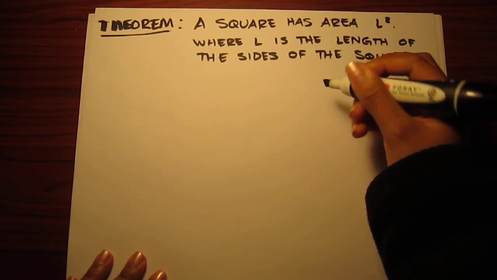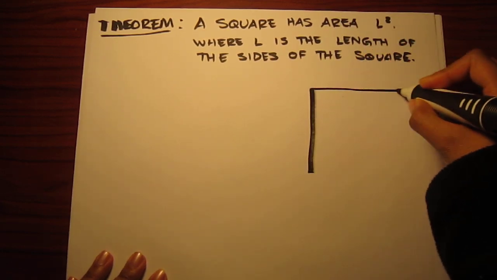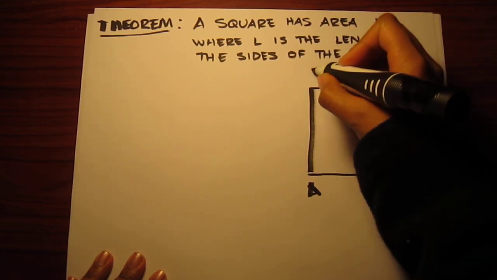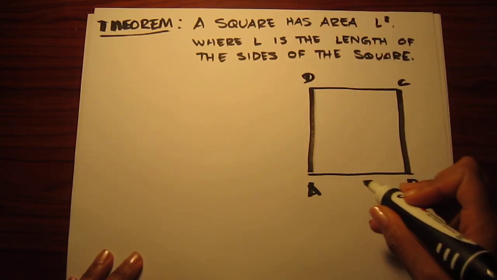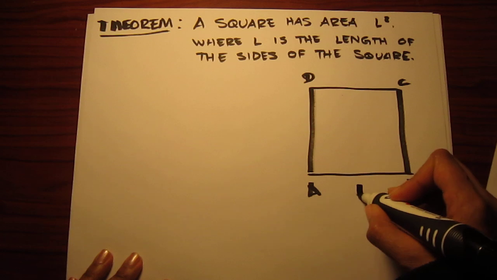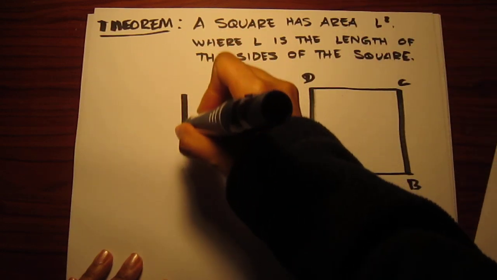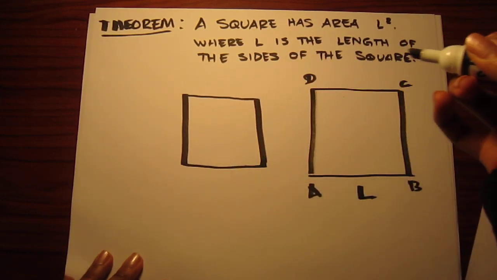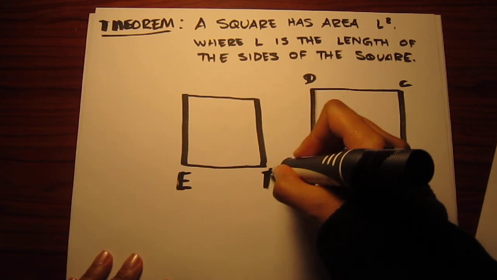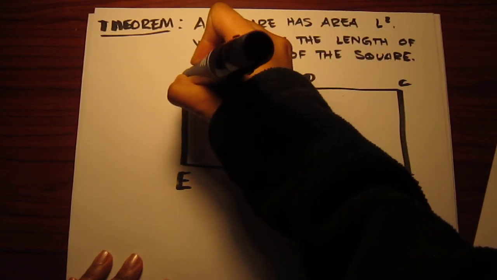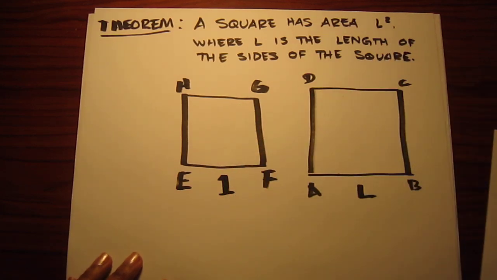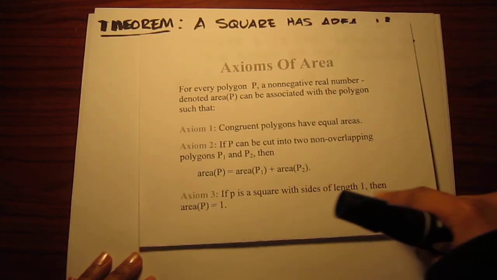First, I am going to draw a square here, and I'm going to call it A, B, C, and D. Now, we suppose that this square has side length L. Okay, and then I'm going to draw a similar square here, and I'm going to call this one E, F, G, and H. Now let's say that this square has side length 1, and according to our axiom 3, if P is a square with sides of length 1, then the area of P must equal 1.